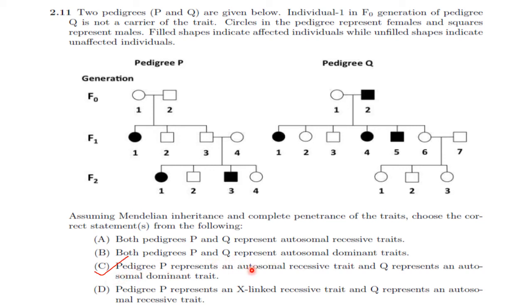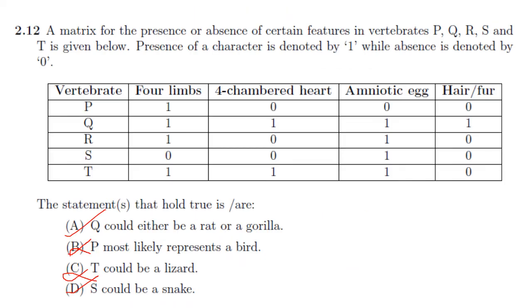Then, pedigree P represents an autosomal recessive trait and Q represents an autosomal dominant trait. Now that is correct. Then next one, pedigree P represents an X-linked recessive trait and Q represents an autosomal recessive trait. So that is wrong. So option C is the only one which is correct.